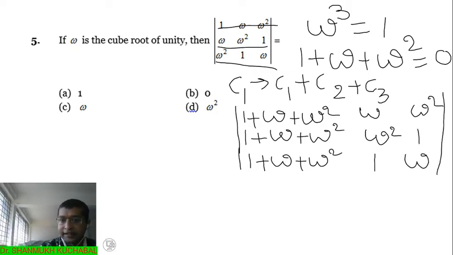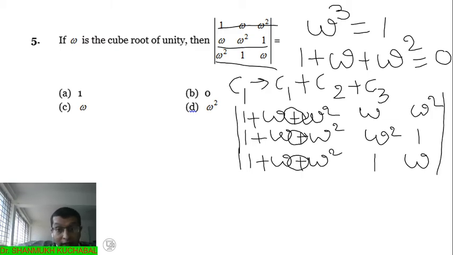Then 1 plus omega plus omega square, the value of this quantity is 0. Therefore this will become 0. Similarly second one, this is 0. Third one, this is also 0. So we observe that in this determinant, an entire column is 0.